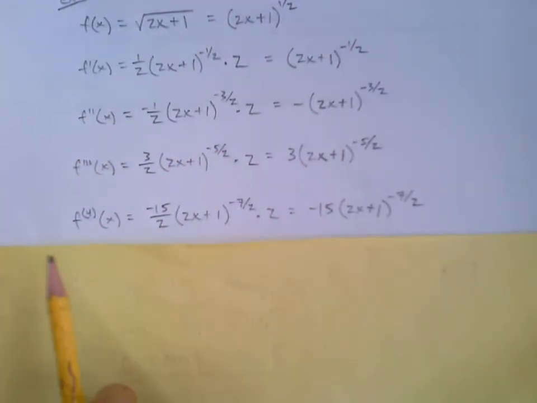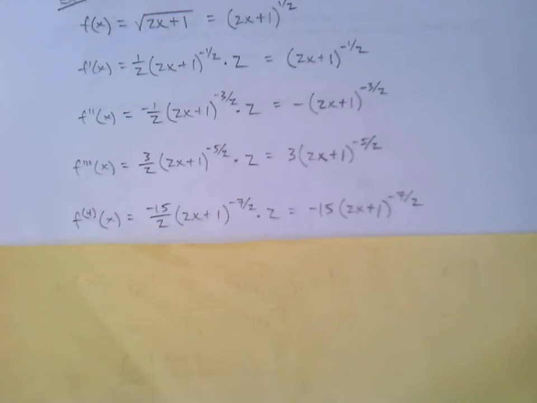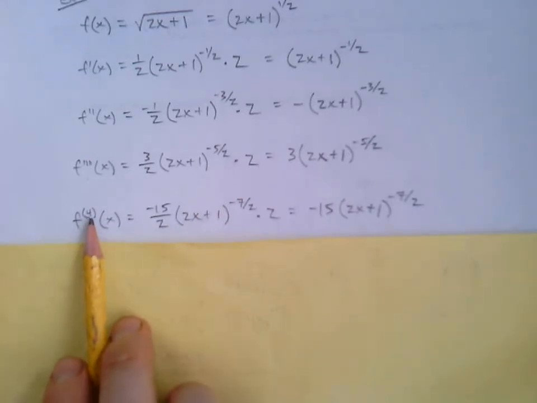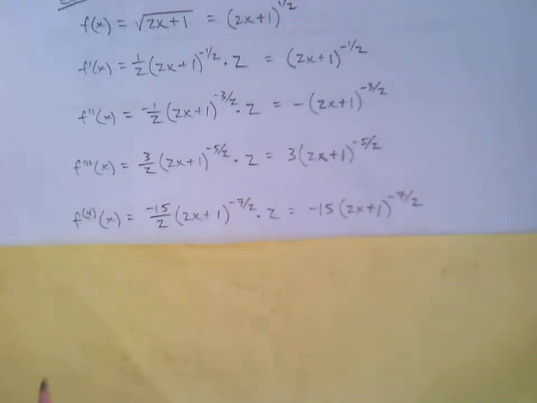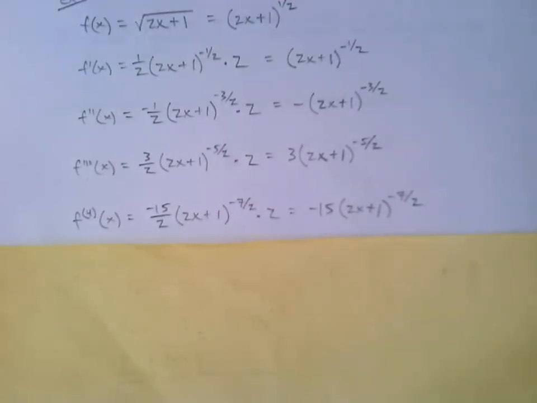So instead, we write this tiny set of parentheses and a 4 there to indicate the fourth derivative. You might think, why the little parentheses? Well, if the parentheses were not there and we just had the 4, it might look like an exponent, like raised to the 4th power. So the little parentheses make clear it's not an exponent, we mean a derivative.